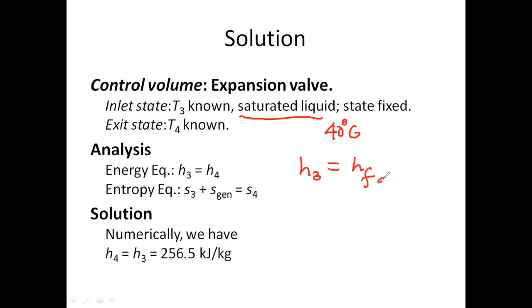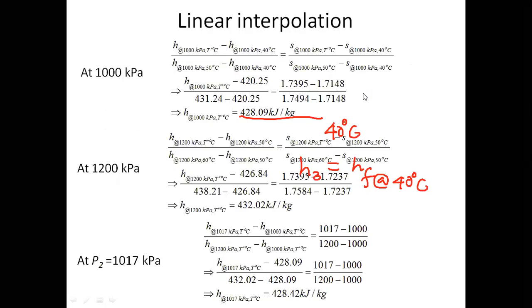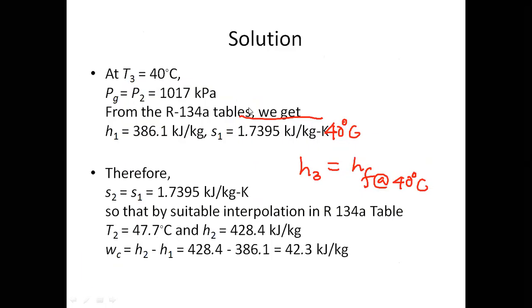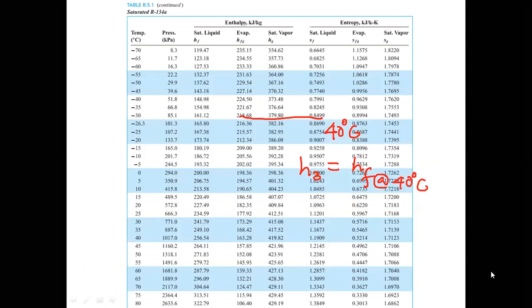H3 is HF at 40 degrees centigrade, and that we can see from the table. At 40 degrees centigrade, the HF value is 256.54.